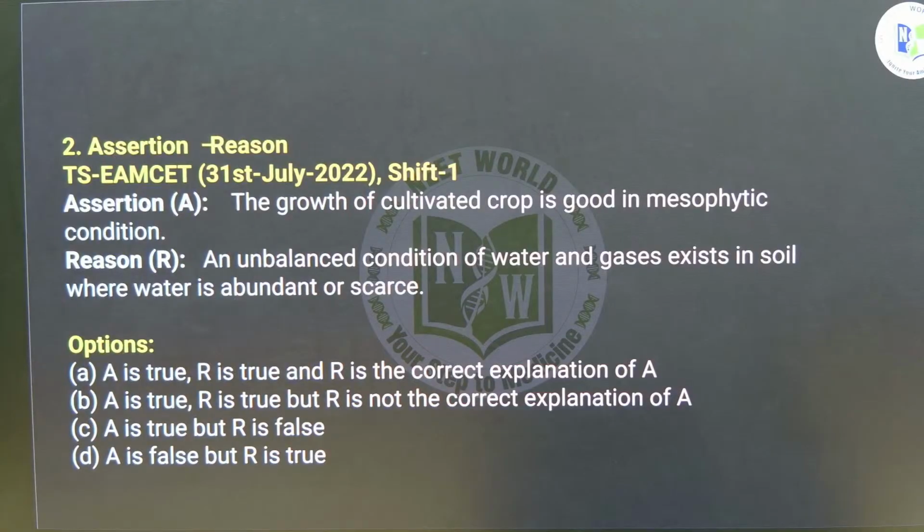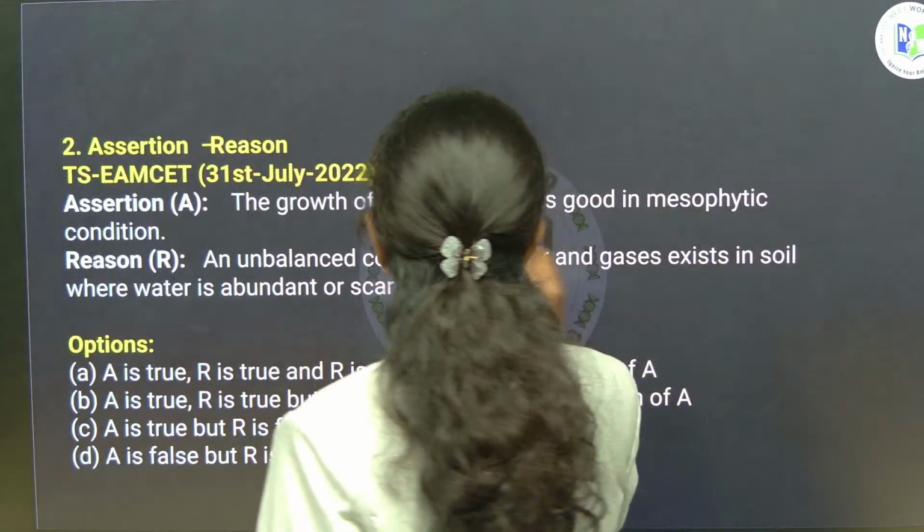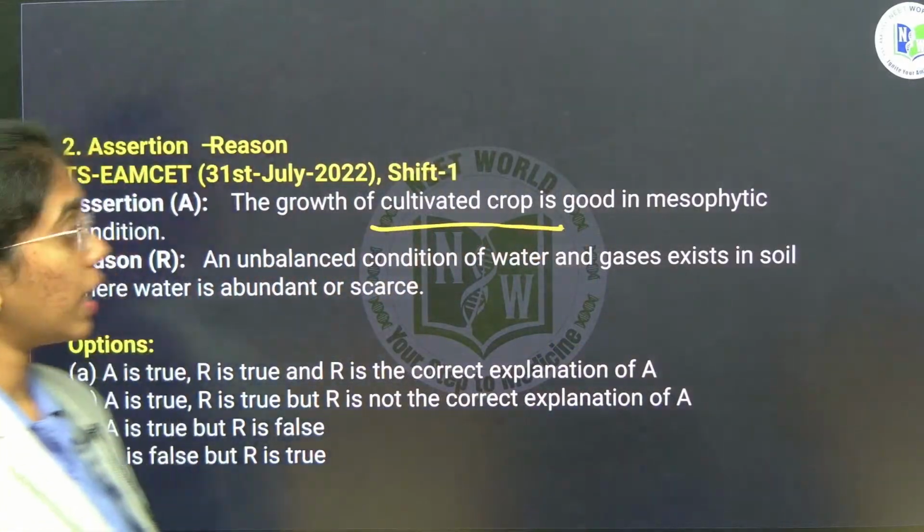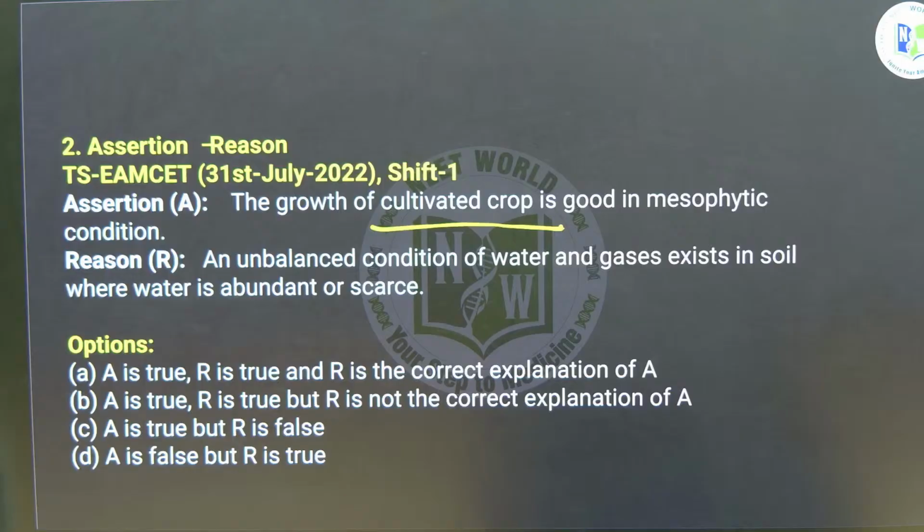Assertion, reason, type again. The growth of cultivated crop is good in mesophytic condition. True. An unbalanced condition of water and gases exists in soil where water is abundant or scarce. This condition is not applicable to what?